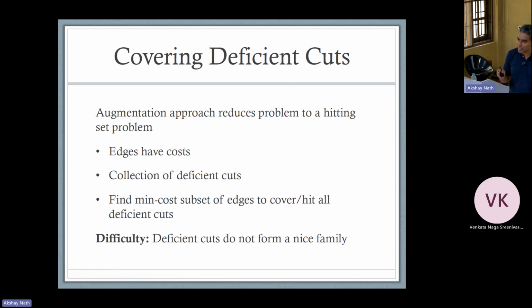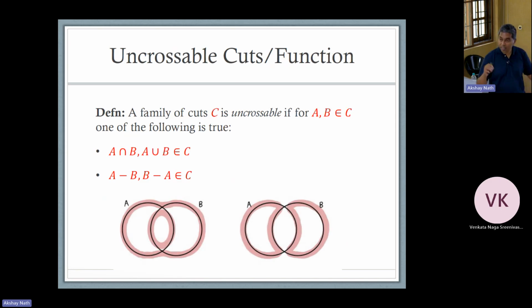So what does it mean? If you go back to classical network design and Jain's algorithm or before, under what circumstance does the class of cuts have nice structure that we can solve the problem easily? The largest scenario where we know good behavior is that if this class of cuts forms what's called an uncrossable family, then this class of cuts is well behaved from our understanding so far.